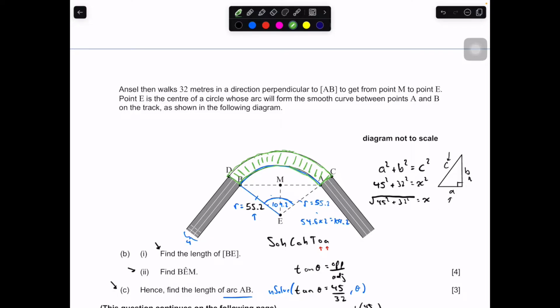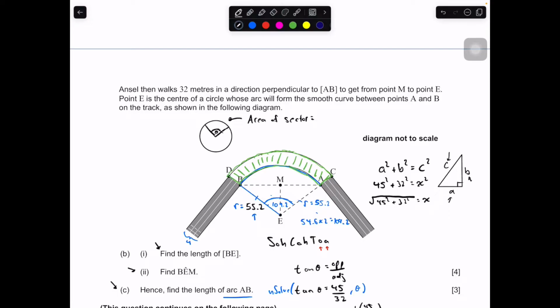Let's draw a diagram and see what we can do. So here is a circle, and if we have just a portion of a circle, let's say here's our center, then that would be the area of a sector, for some theta, some portion of a circle.